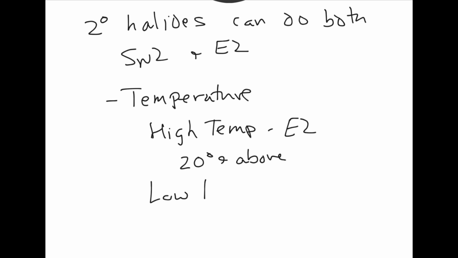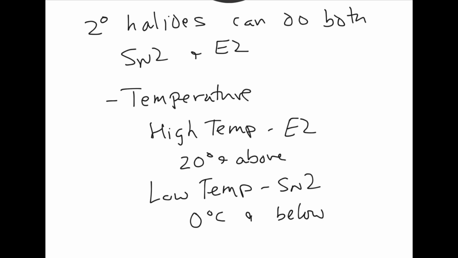And then low temp is going to favor SN2. And I set that to 0 degrees C and below. That's going to favor substitution reactions. So you're going to work your way through, and if you get to a point where you're tied and you don't know if you're doing an E2 or an SN2, look at the temperature. If it's above 20 degrees, you're going to favor elimination. If it's below 0 degrees, it's going to favor substitution.